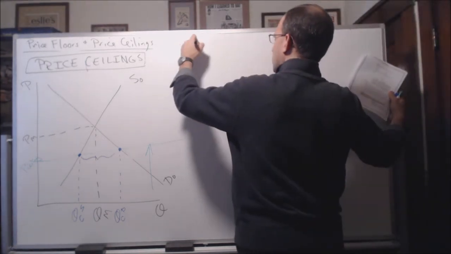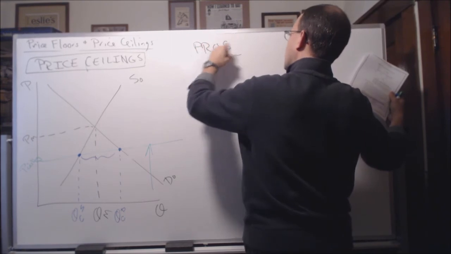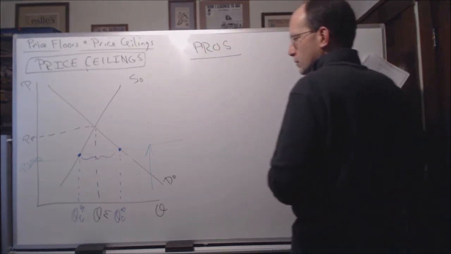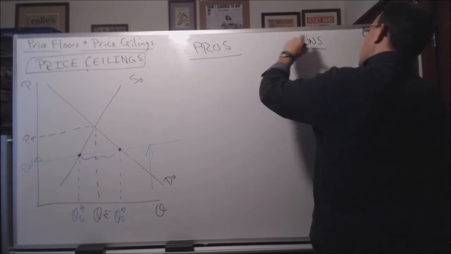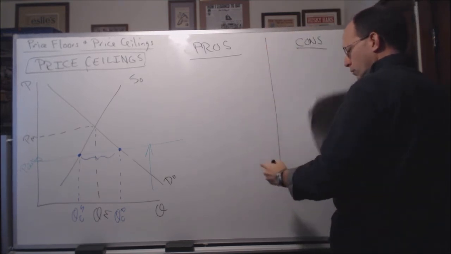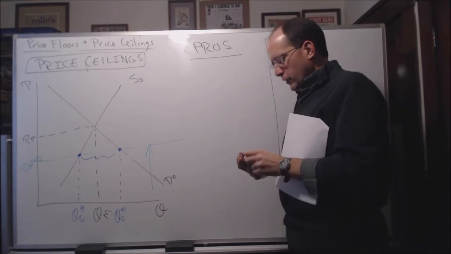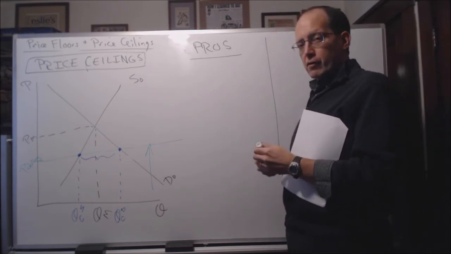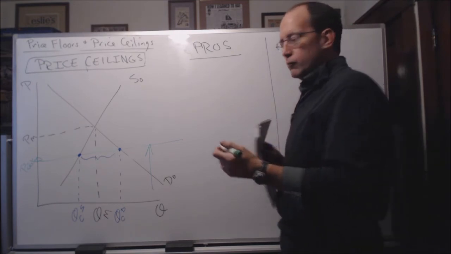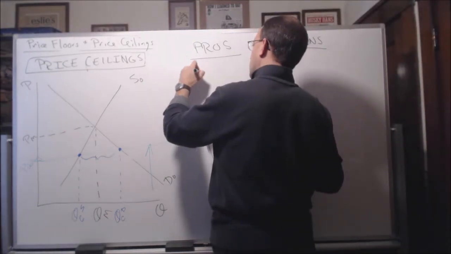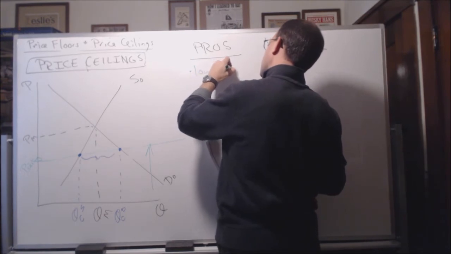So let's again think about the arguments in favor of keeping rent controls in place and the arguments against rent control policies. And so what's the main argument in favor of it? What's the main pro argument? Yeah, more affordable rents, right? So we've got lower rents.